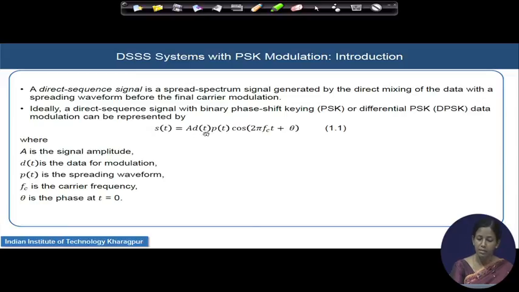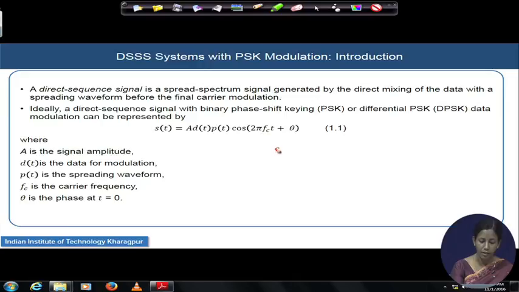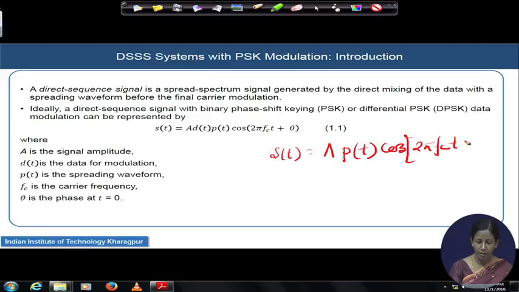If this data is given by PSK modulation, which is binary phase shift modulation, then we can write s(t) as A p(t) cos(2 pi fc t plus theta plus phi) into d(t). So, automatically, equation 1.1 can also be expressed in this form, with the concept that PSK modulation is involved in the process.